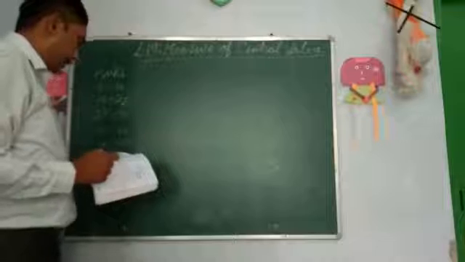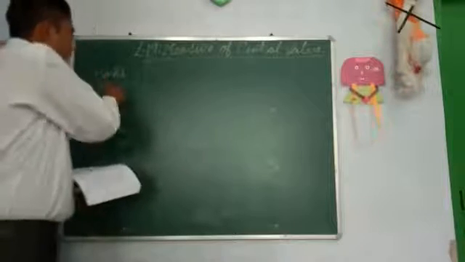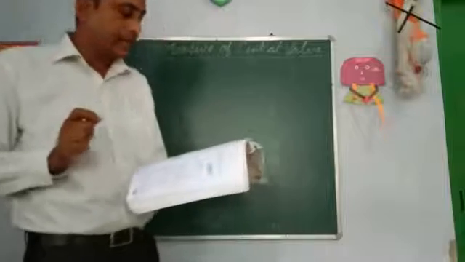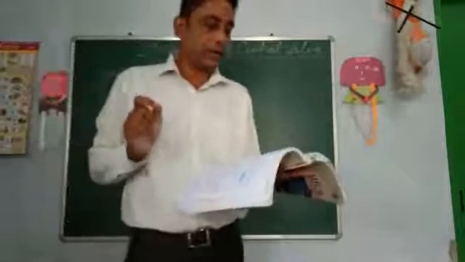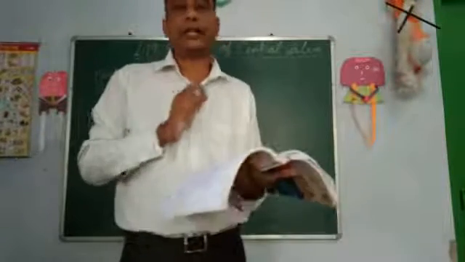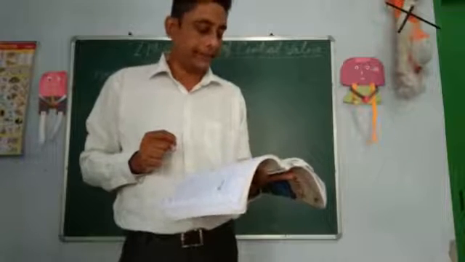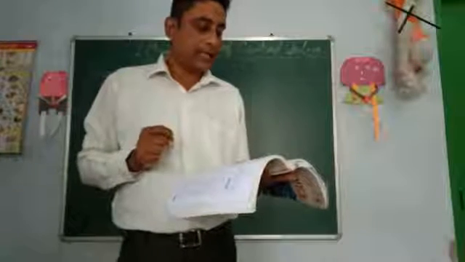So here you will see that there are three methods to calculate arithmetic mean: direct method, shortcut method and step deviation method. Now we will see through direct method.